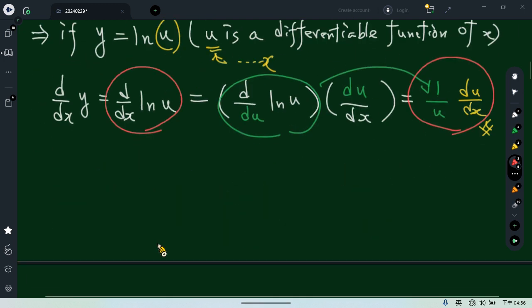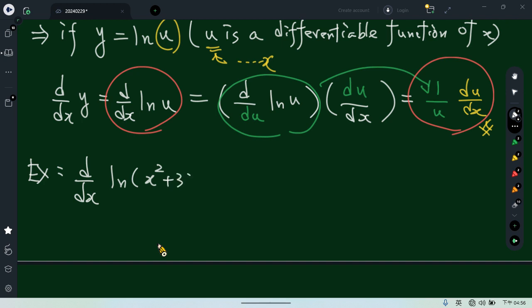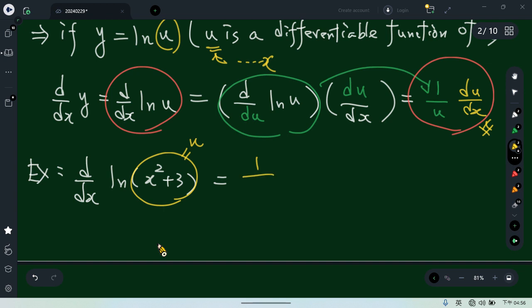I will give you an example to show how to do that. If we want to differentiate ln of s squared plus 3, u here is s squared plus 3. Based on the rule, it will be 1 over u times du, meaning differentiate s squared plus 3.